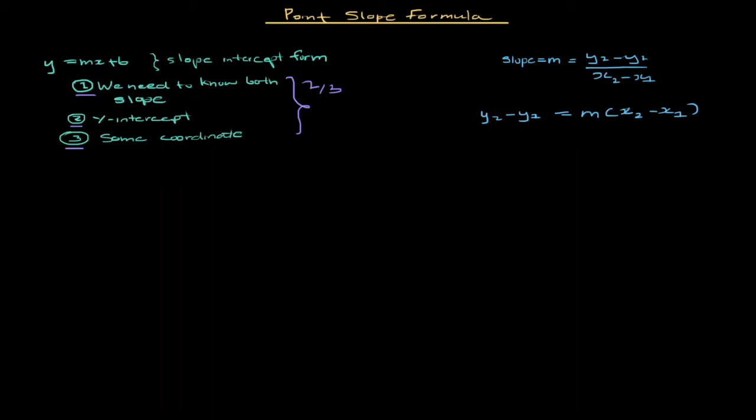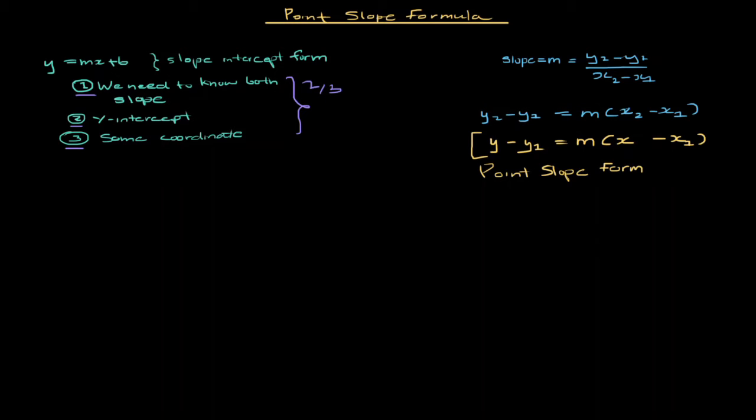Let's say we do y minus y1 is equal to m times x minus x1. And in this case, x and y can take any values. You'll see more in the example. So this is the point slope form, or formula, of the equation of a line.